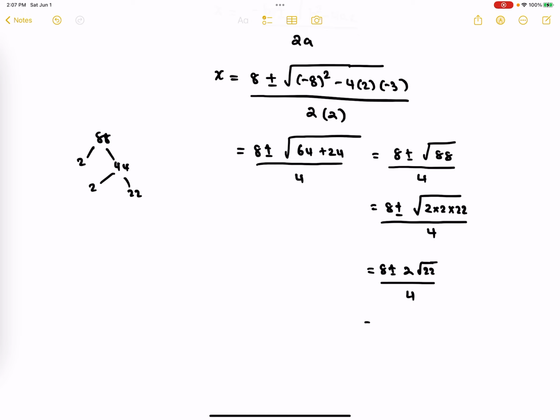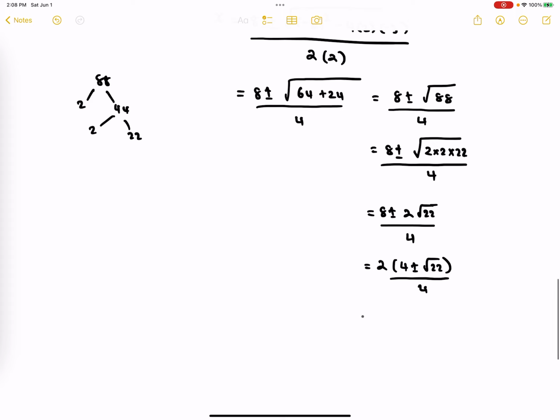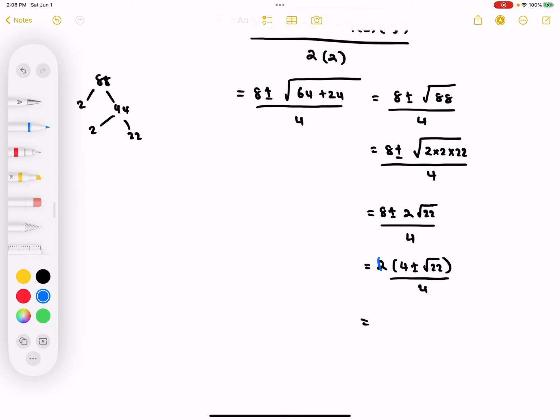Now from this one, 2 can be factored out, so 2 times 4 plus or minus root 22 divided by 4. Now I can write this in a more simplified form, because you can see the 2 cancels and the 4 becomes 2. So 4 plus or minus root 22 over 2.